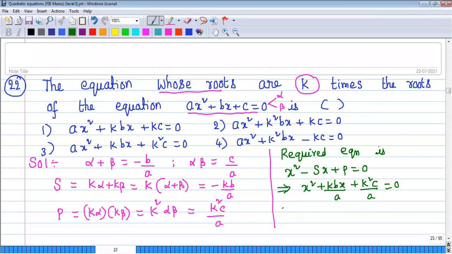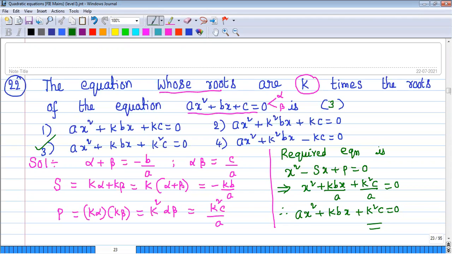Multiply with a. We get ax square plus kbx plus k square c equals to 0. So which is the right option? Option 3 is the right option.